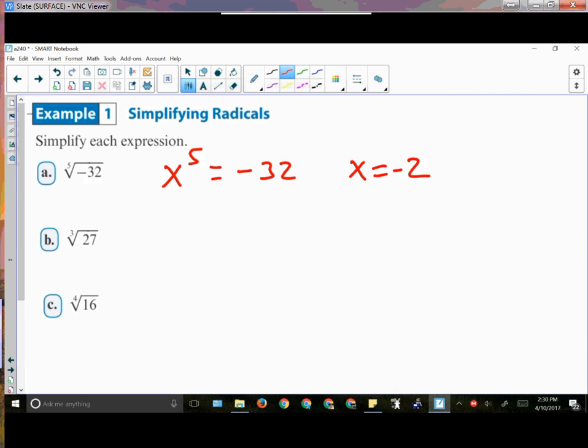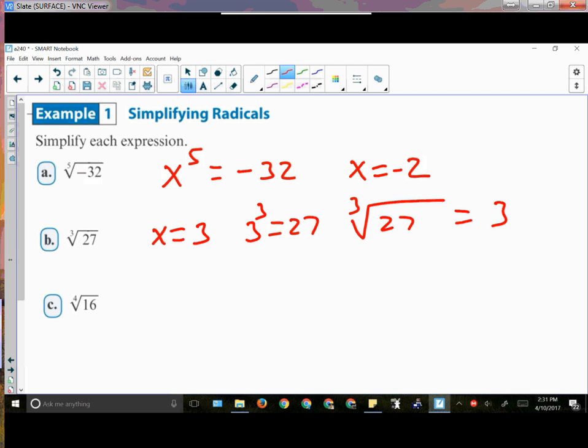No. It's not going to be anything even, so it's got to be something odd. Well, let's try 3. What's 3 times 3? 9. 9 times 3 is 27. So in this case, x is going to be equal to 3. Why? Because 3 to the third power is equal to 27. So the third root of 27 is equal to 3.